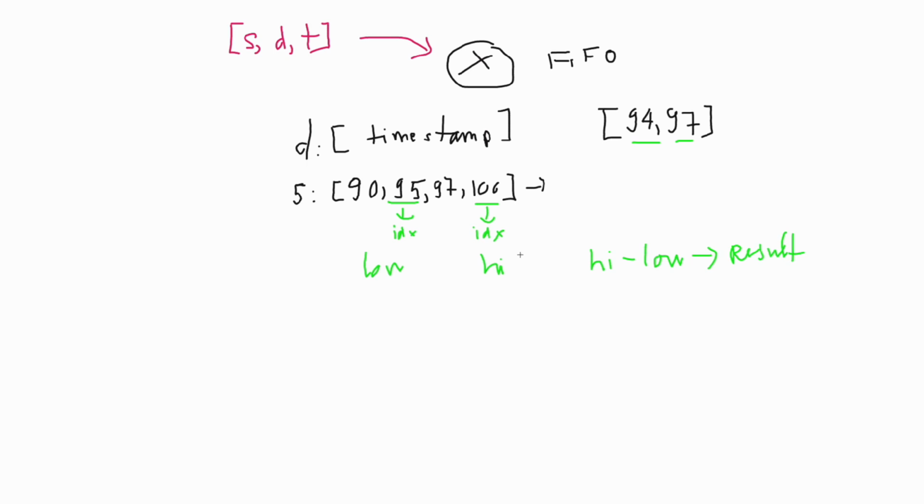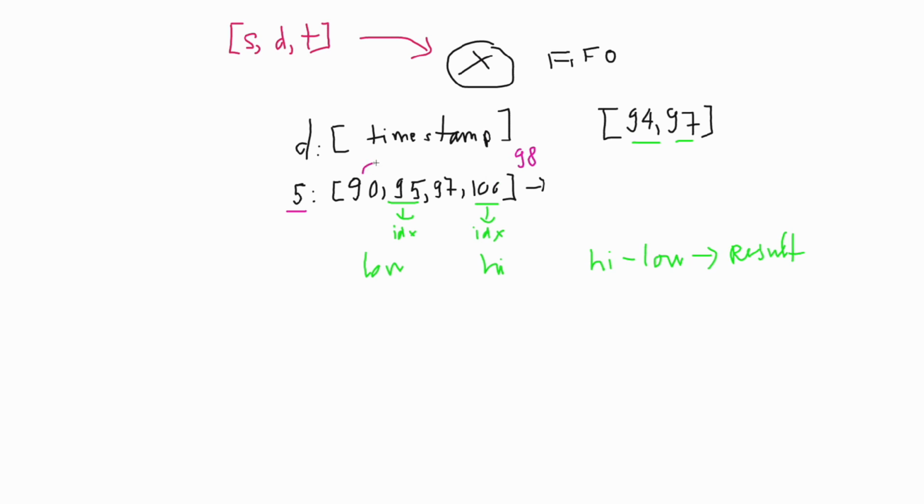We also need to update the timestamps for each destination. For example, what if I have a new package, again with destination 5, however the timestamp is 98.